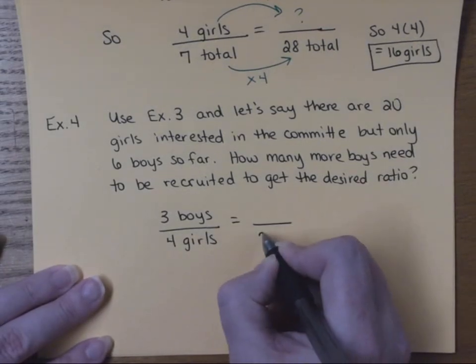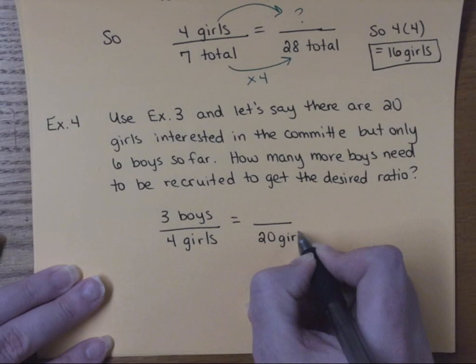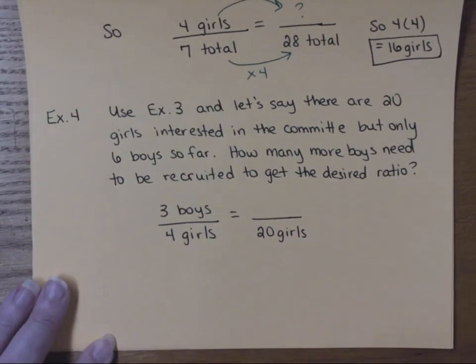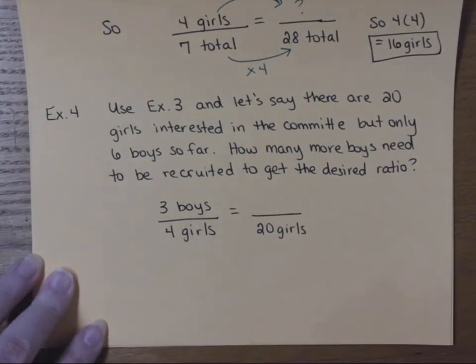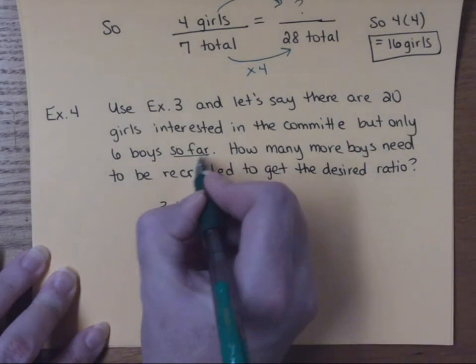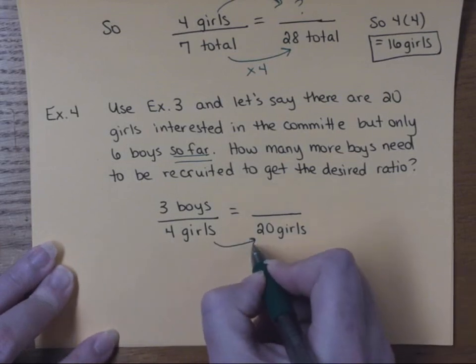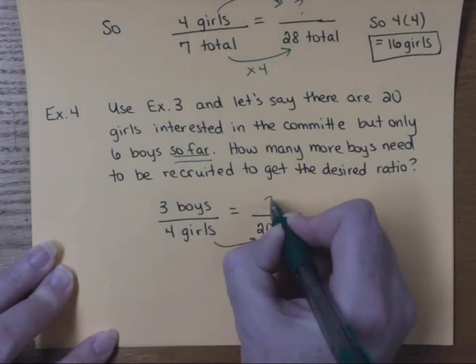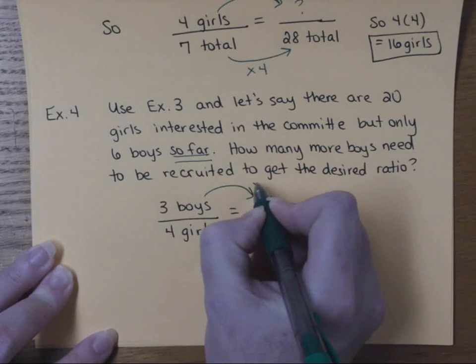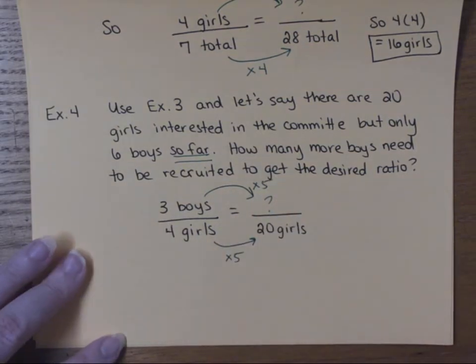I do mention that there are 20 girls. And notice, I'm not going to put the 6 in there, okay? Because of this phrasing "so far," indicating that the 6 isn't going to be our final answer for boys. So that doesn't need to go in our proportion at all. We just need to figure out what we need to multiply by. Of course in this one we're multiplying by 5.